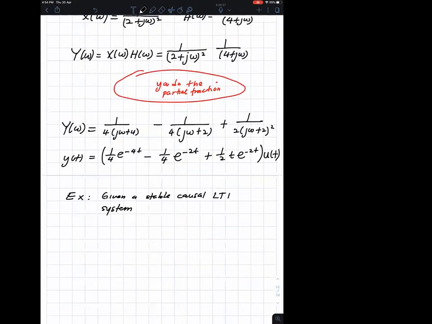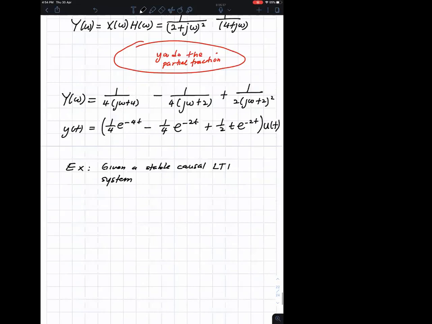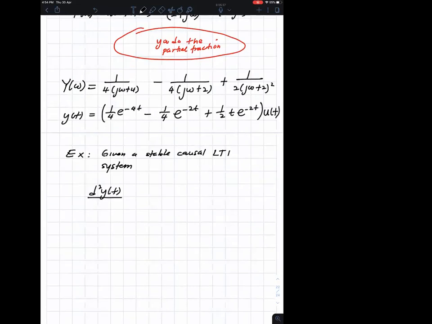So you have a system. This is a differential equation: the second derivative of y plus 6 dy/dt plus 8y is equal to 2x(t).